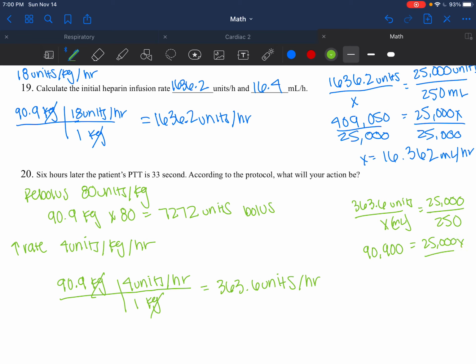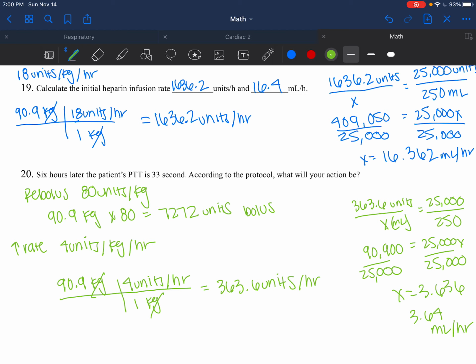Then we divide both sides by 25,000 to get x by itself. So 90,900 divided by 25,000 is 3.636, or 3.64 mils per hour. So that's how much we're going to increase our rate by.